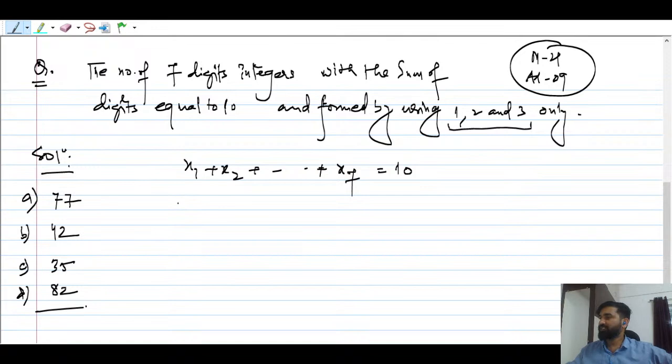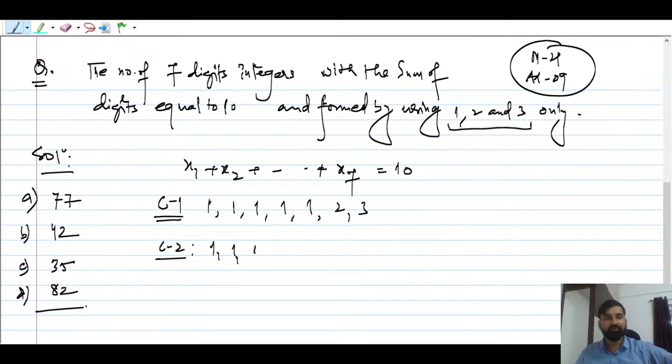Please remember, case 1: suppose we are taking x1, x2 like 1 1 1 1 1. So 5 ones you have taken, and the last 2 you can take as 2 and 3. Now case 2: 1 1 1 1, so 4 digits are 1 and the last 3 digits are 2 2 2.